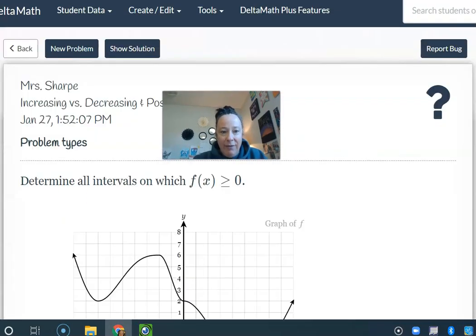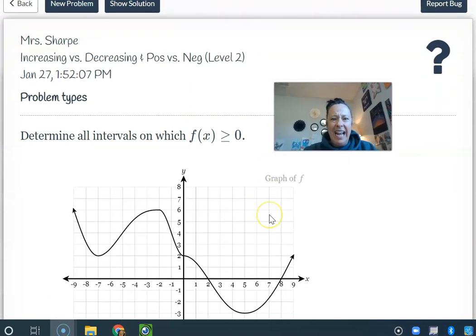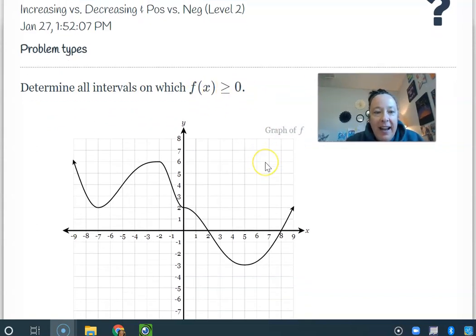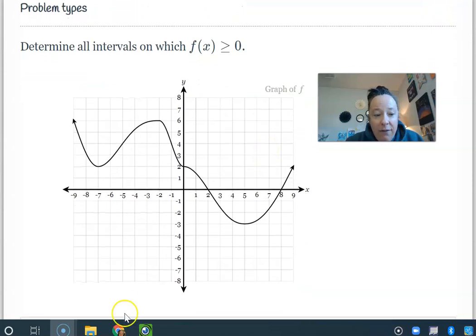And then this is the level 2 of this. Yes, it's wonky. I know. Look at that fun graph. I like it. Okay, so look at this one. It says determine all intervals on which f of x is greater than or equal to 0. I am actually going to pause myself and I'm going to put this as an example on the notes.